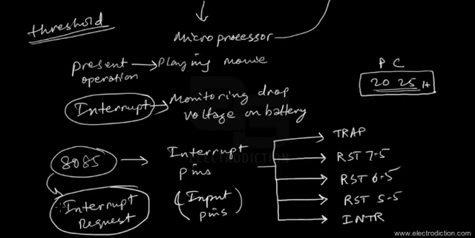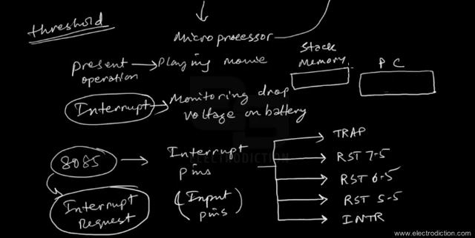After receiving the interrupt request, the program counter register gets cleared. So you can see that there's nothing over here, and this address, 2025H, gets saved in the stack memory.